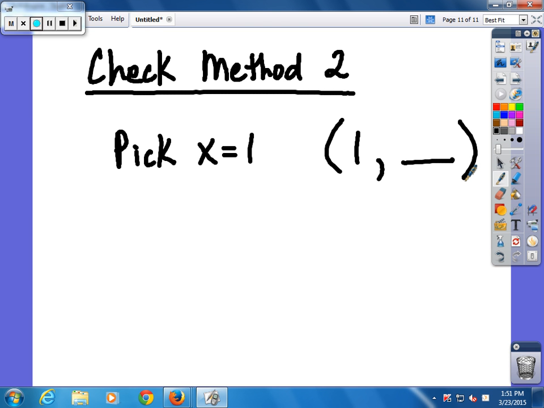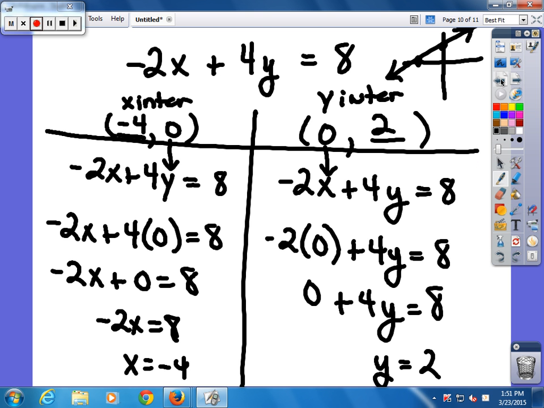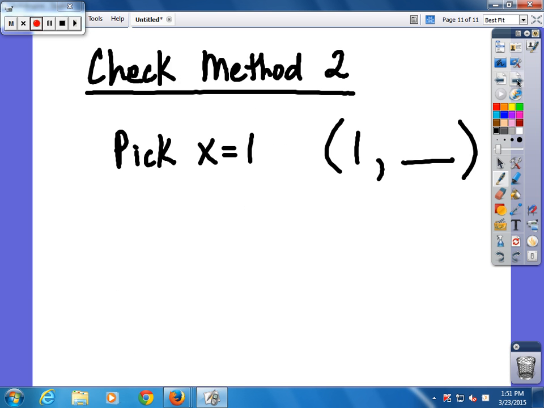Well, I can't pick x is equal to 0 because I've already used it. Where? Y-intercept. That's right. So what's the only other number that's easier than 0 to deal with? 1. So I pick 1.